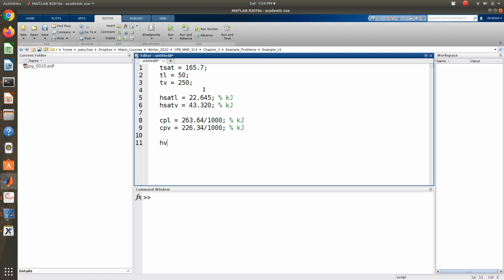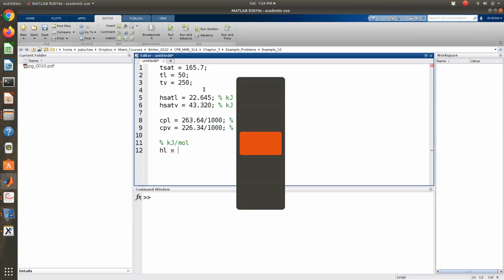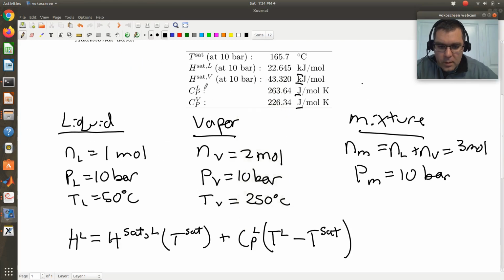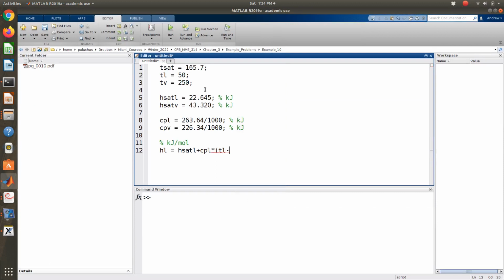Then I'm going to make note that when I compute my enthalpy of my liquid and vapor, the units will be in kilojoules per mole. So my liquid was the first formula we had, which is HSat L plus CPL times TL minus TSAT. And we had HV is equal to HSAT V plus CPV times TV minus TSAT.